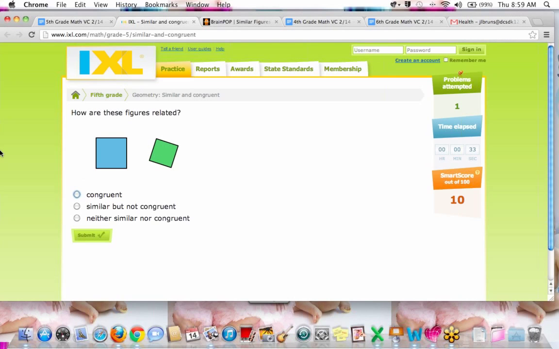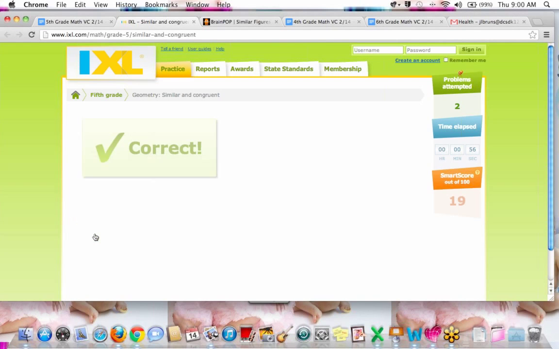Unless it does color, then. No, it's not talking about color. Just, yeah, so that we were correct. Okay, how are these two figures related? Are they congruent? Are they similar but not congruent? Similar. Or are they neither? Similar. Okay, very good. They are similar but not congruent.